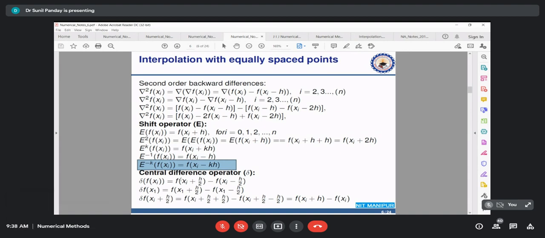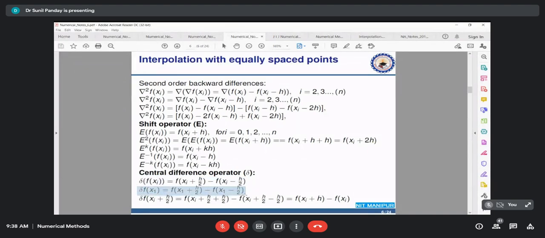Then we have the central difference operator. We denote it by delta, and then we apply it to f of xi. It will give us the formula of the central difference operator delta: f of xi plus h by 2 minus f of xi minus h by 2. So this is the way we define the central difference operator.